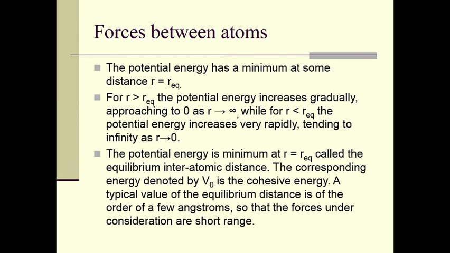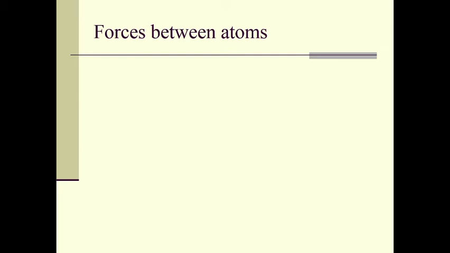A typical value of equilibrium distance is of the order of a few angstroms, right. 1 angstrom is 10 raised to minus 10 meter, or 10 raised to minus 8 centimeters. So the forces under consideration are short range forces, right.